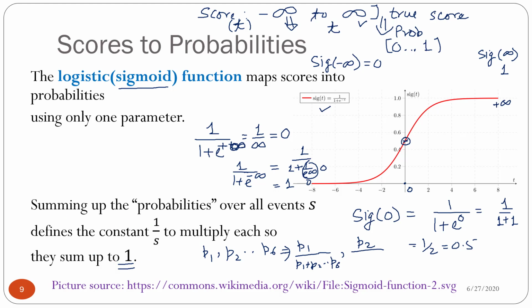So summing up the probabilities over all events defines the constant 1 by S to multiply each so that they sum up to 1. Do this translation into probability and then normalize so that the sum is 1, just to make sure that we are not doing anything against the rules of probability.